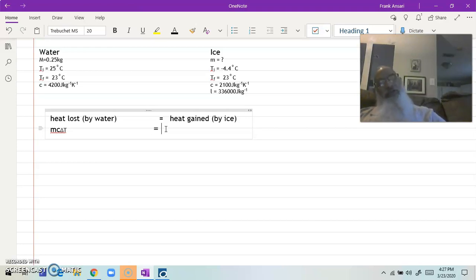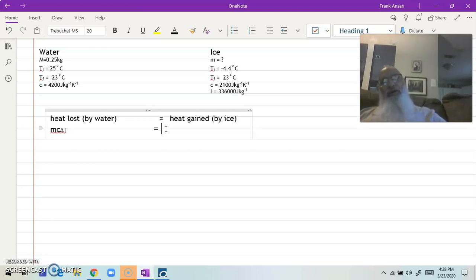Once it's at 0 degrees Celsius, then it will melt. And when it starts melting, it will completely melt, remaining at 0 degrees Celsius. And then once all of the ice has become water at 0 degrees Celsius, then it will gain more energy from the water in the beaker, and its temperature will then rise from 0 to 23.